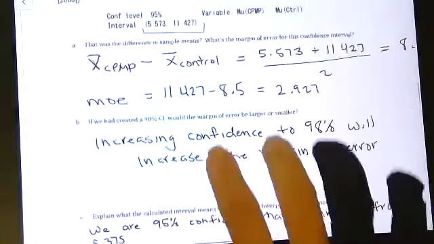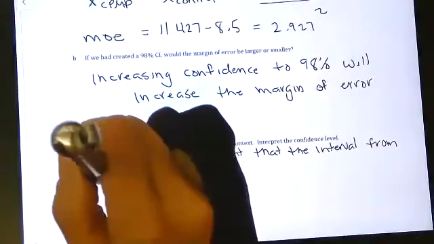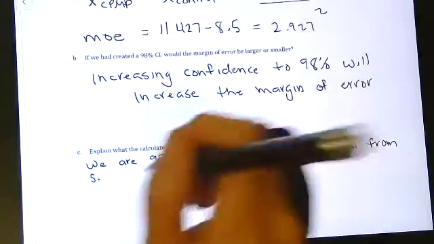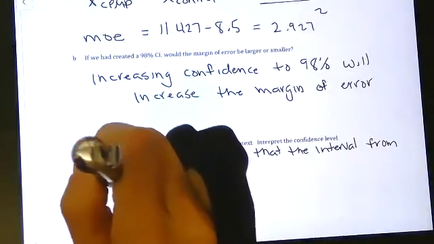Did I write that right? Nope, 5.573. Got my numbers backwards.